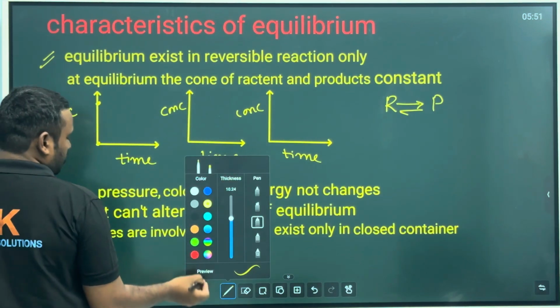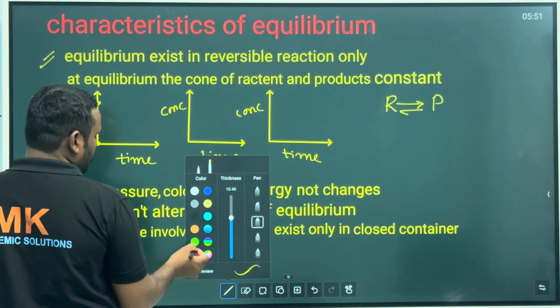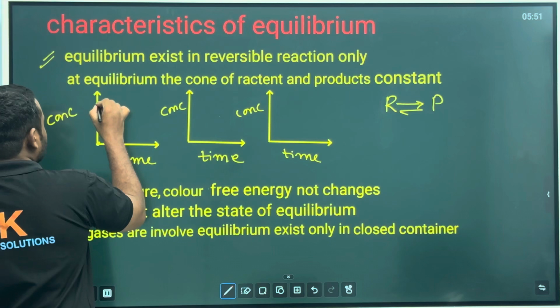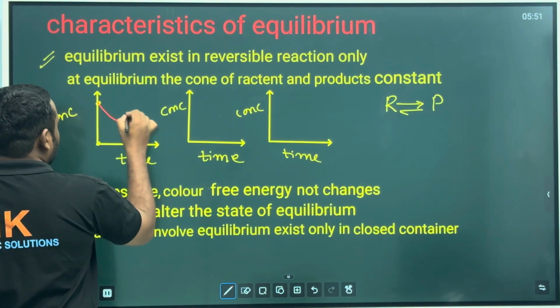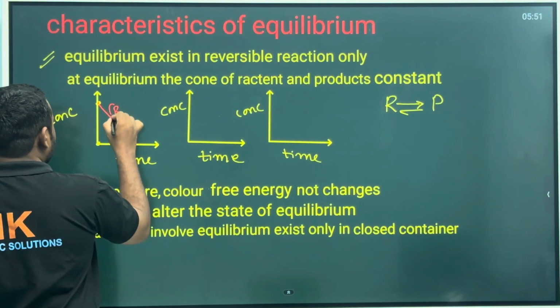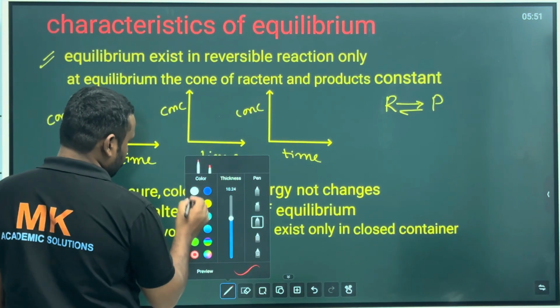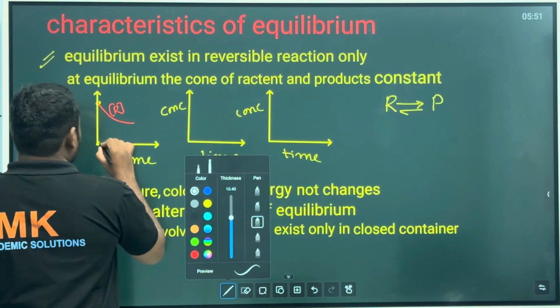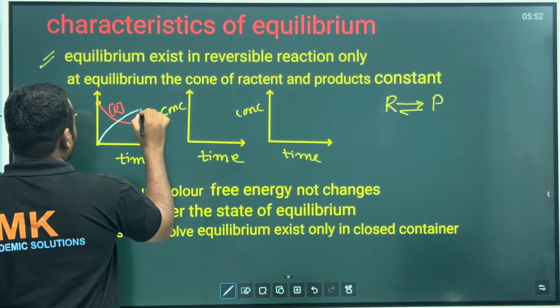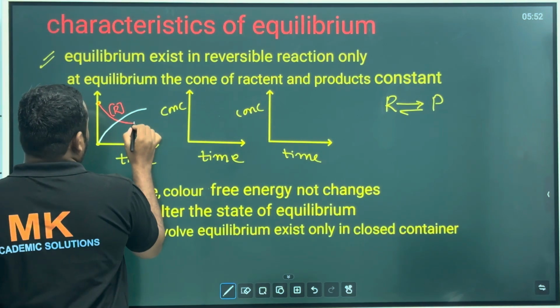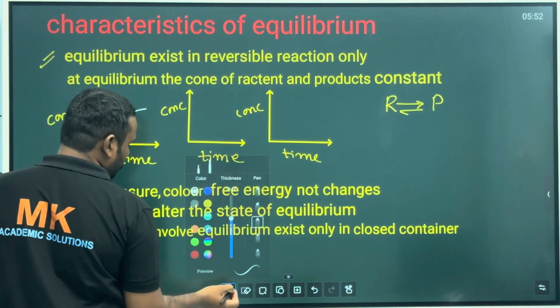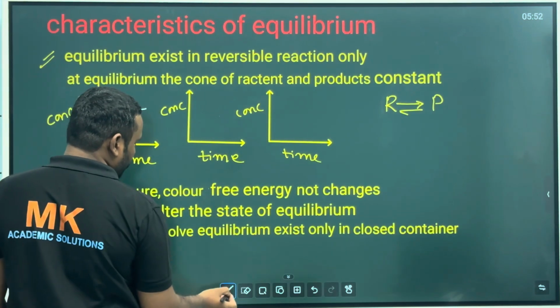Now let us assume this is the concentration of reactant R, it decreases gradually, and the concentration of product increases gradually. After a particular time interval, what will happen?